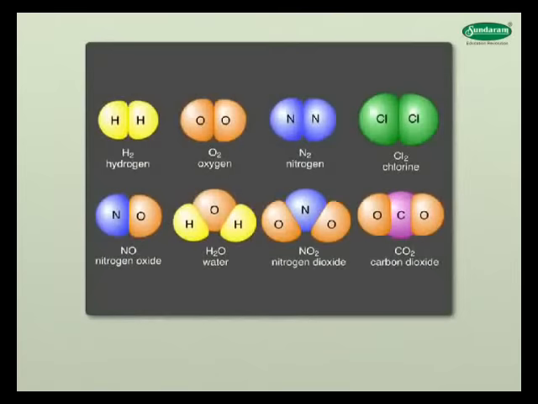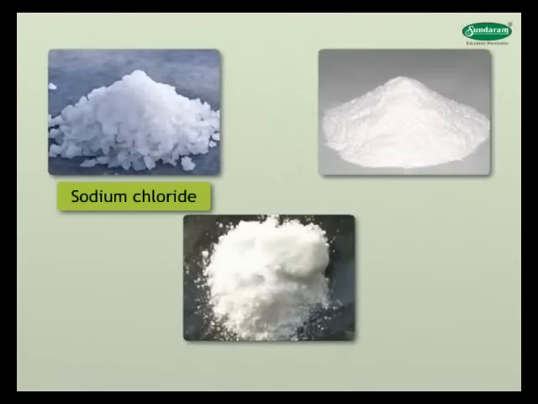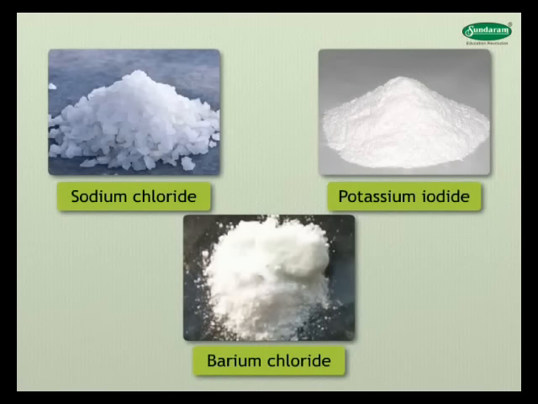To learn about the properties of ionic compounds, let us perform the following activity. Take samples of sodium chloride, potassium iodide, barium chloride and observe. What is the physical state of these salts? Solids.